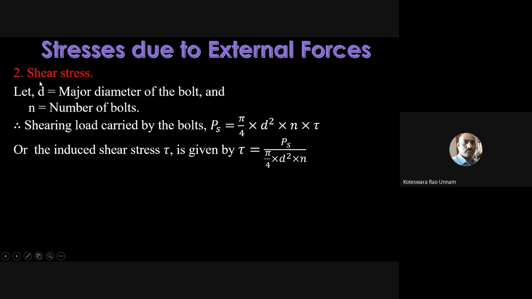While calculating the tensile stress, you need to use the core diameter, or DP plus DC by 2, to compute the tensile stress, whereas in case of shear stress you need to use the major diameter of the bolt. Why you need to use the major diameter of the bolt I already explained in the previous class.